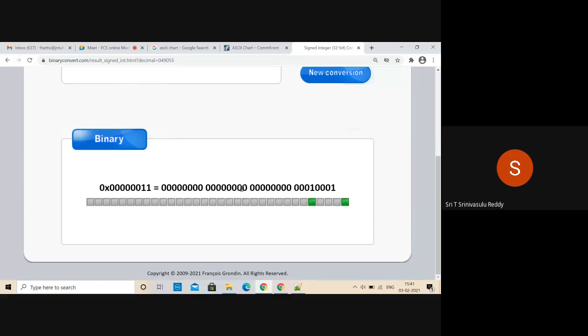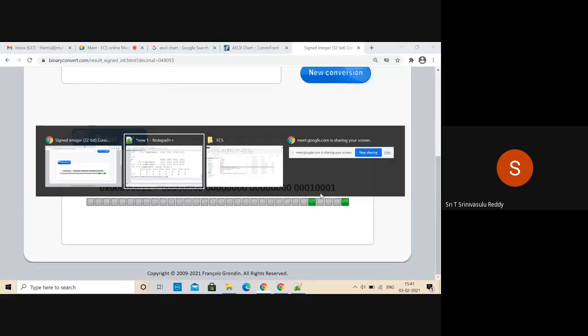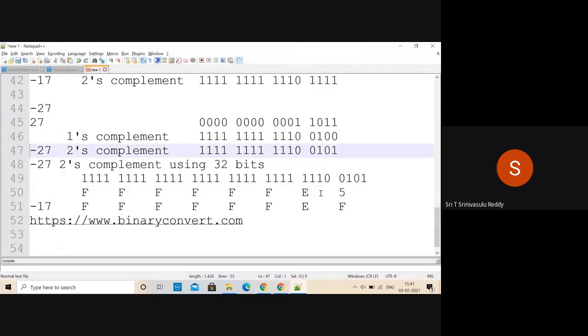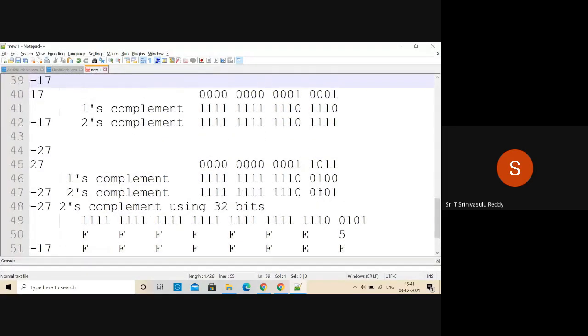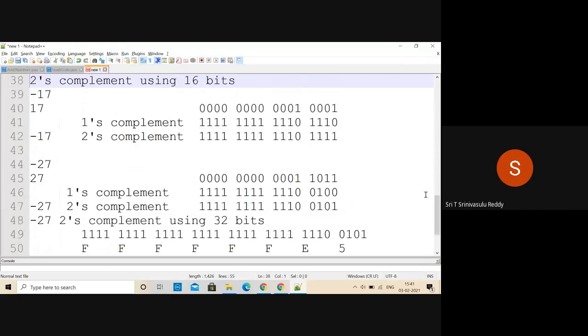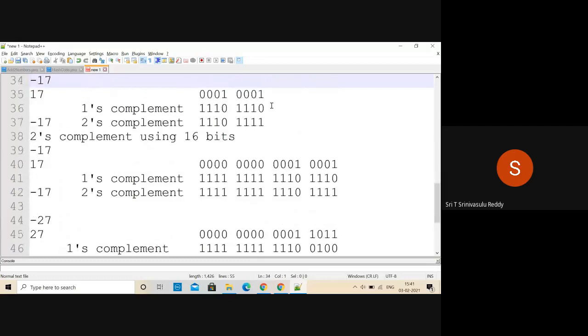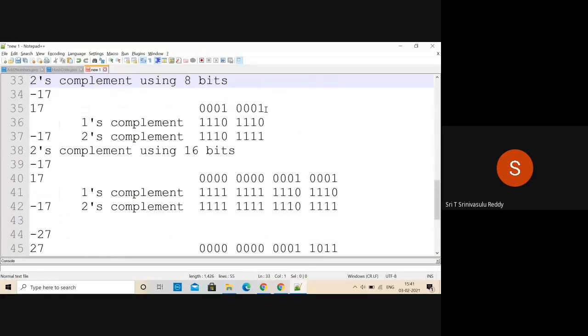This is the binary equivalent of plus 17. You can see very easily, so many zeros followed by 1, 3 zeros and 1. So our answer for plus 17 is this entity: 1 followed by 3 zeros followed by 1.